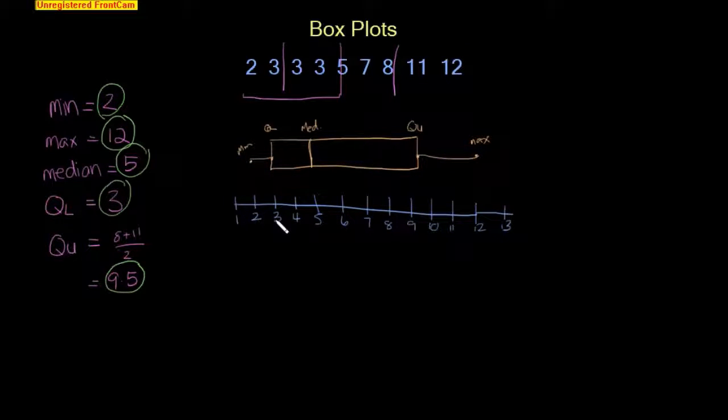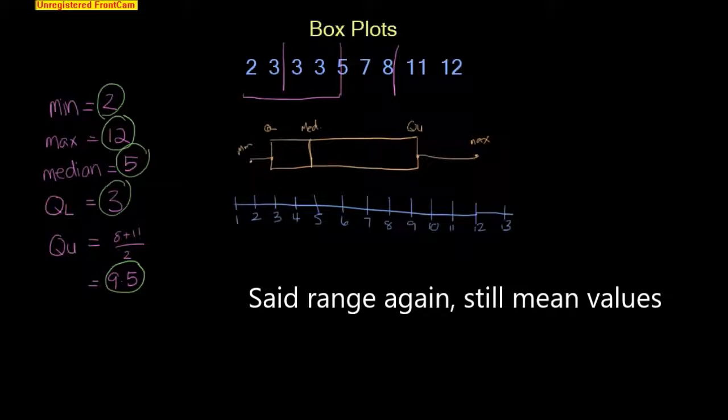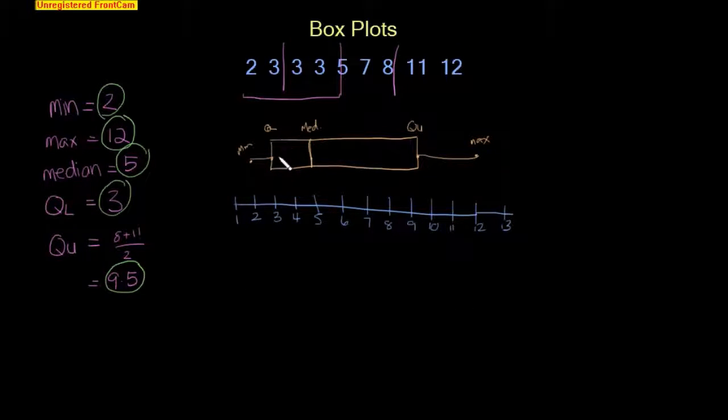You need the 5 key values: minimum, maximum, median, and the lower and upper quartiles. And you draw a box with the left-hand side being the lower quartile and the right-hand side being the upper, with a mark for the median or the middle value of our data.